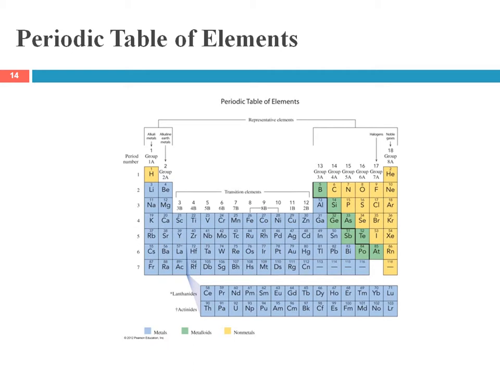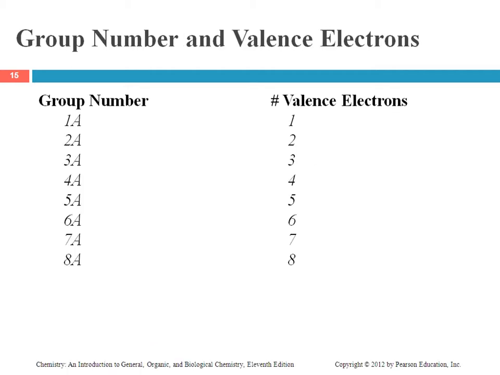For carbon, group 4, it has 4 valence electrons. Group 3, let's pick gallium. It has 3 valence electrons because it is in group 3. So this shows us group 1 has 1 valence electron and so forth.